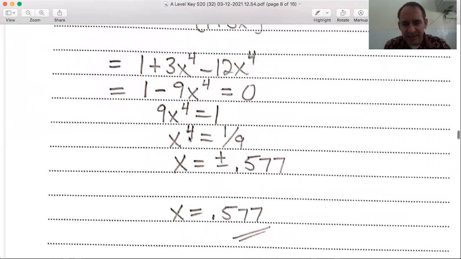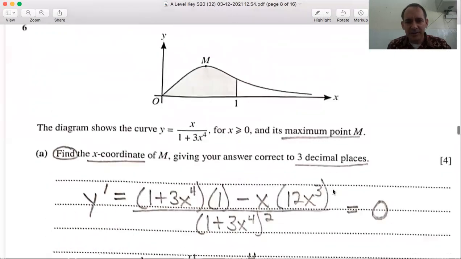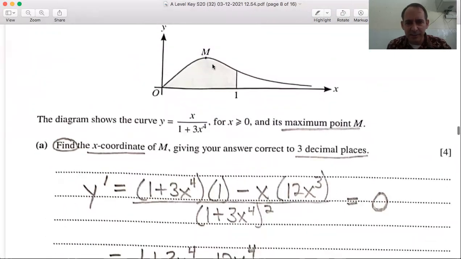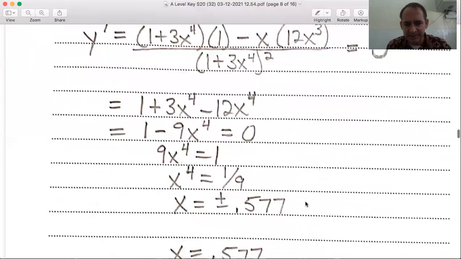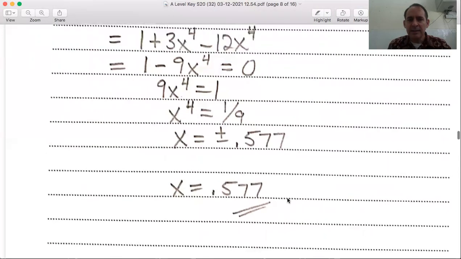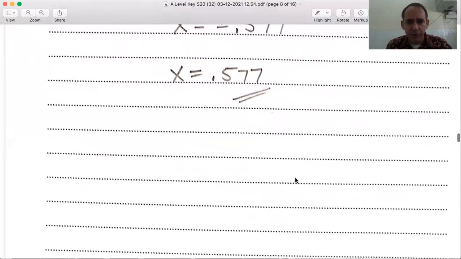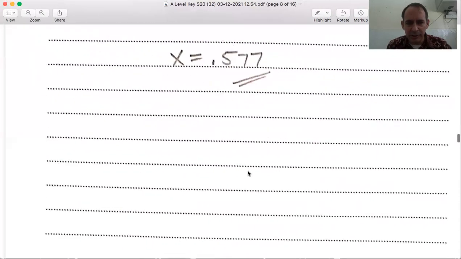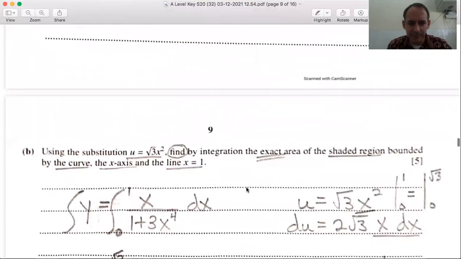Again, because it's an even root, you need the plus or minus. Although in this case, M is obviously on the positive side of the x-axis, so we just take the positive 0.577, but you still should put plus or minus because it is an even root. So 0.577 is the x-coordinate of point M, which is a maximum.